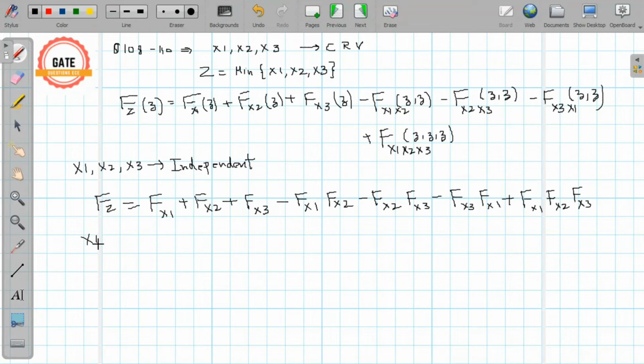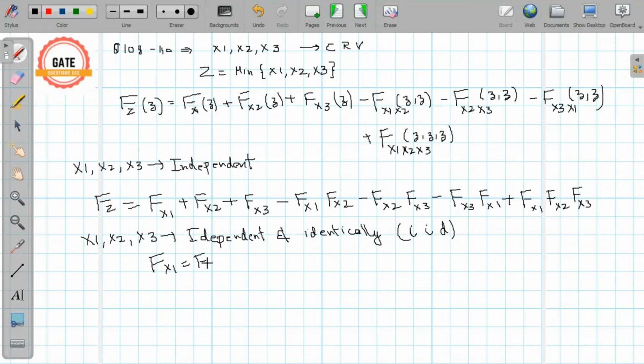Moreover, if x1, x2, x3 are independent and identically distributed, which we call i.i.d., then the CDF of x1 will be equal to the CDF of x2, which will be equal to the CDF of x3. All these CDFs are equal.